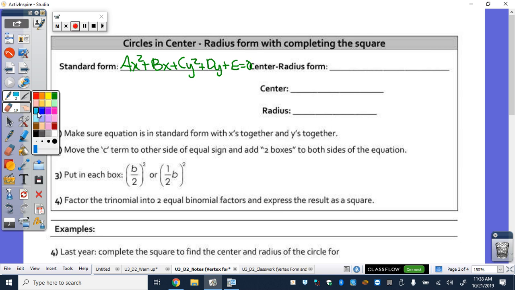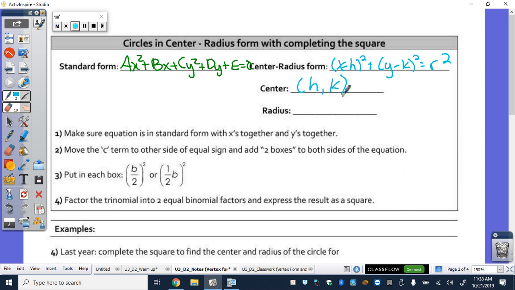Now the formula you're probably more used to is the center radius form. That's x minus h squared plus y minus k squared equals the radius squared. So this one's a little different than our vertex form with our parabolas, which was y equals, or if it was a function, f of x equals, whereas this one is equal to the radius squared. So it's always equal to a number.